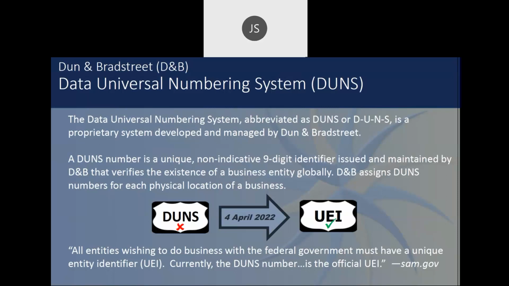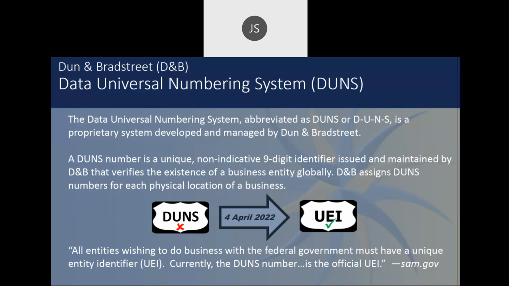I will tell you that the DoD and the federal government is moving from relying on the DUNS number, and they are creating their own unique identifier, the unique entity identifier, the UEI. Right now that migration is set to happen on the 4th of April next year. So for now, if you want to do business with the government, you're going to go to Dun & Bradstreet and get a DUNS.